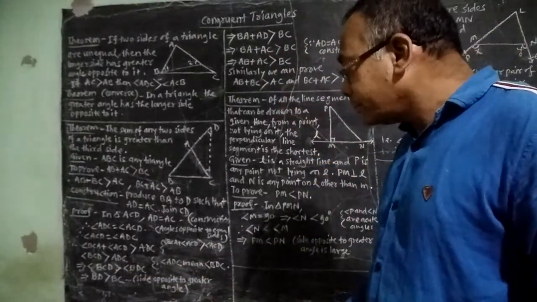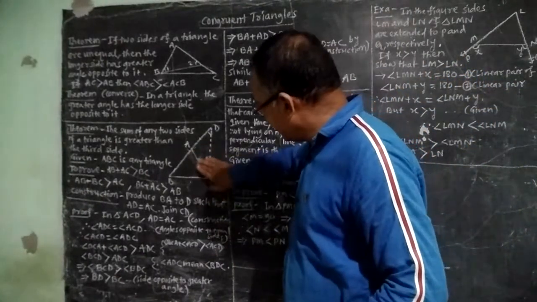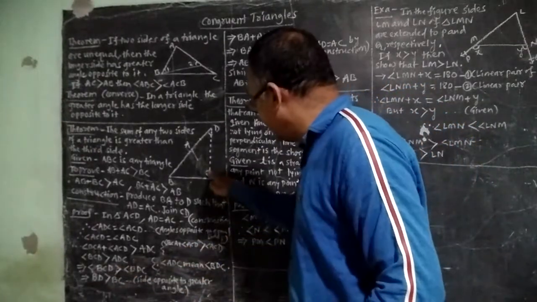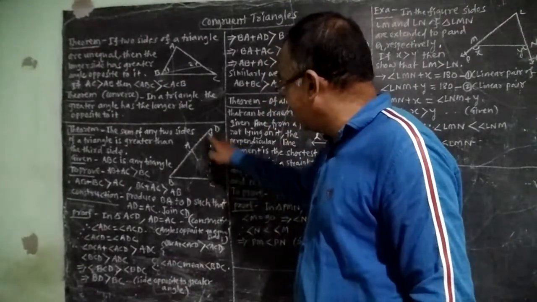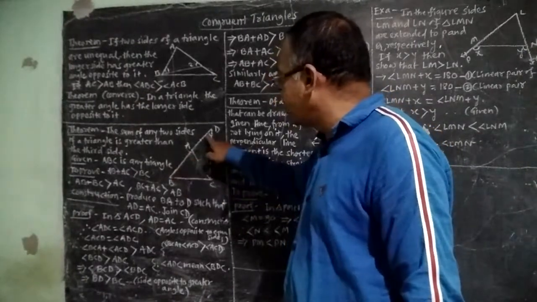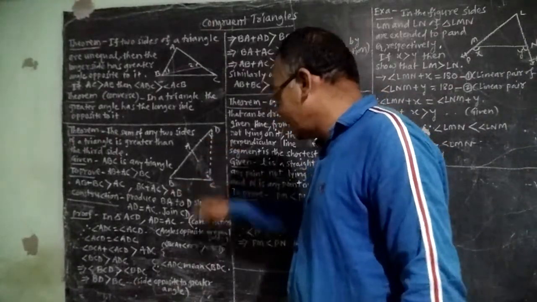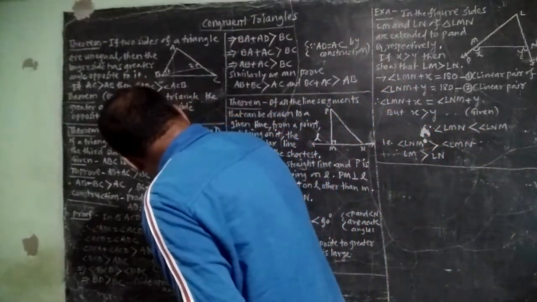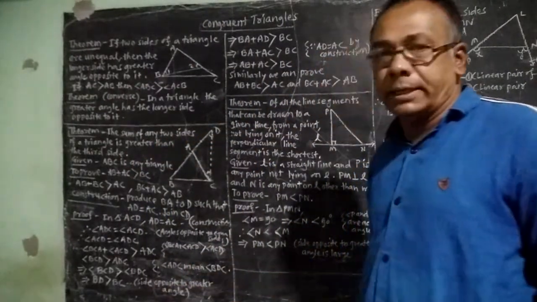In this triangle we have proved that angle C is greater than angle D, and if angle C is greater, then its opposite side BD is also greater than the side opposite to angle D, which is BC. So we can write BD is greater than BC, as the side opposite to the greater angle.